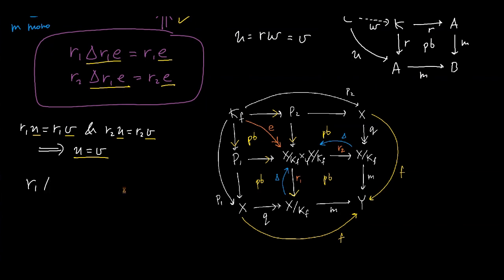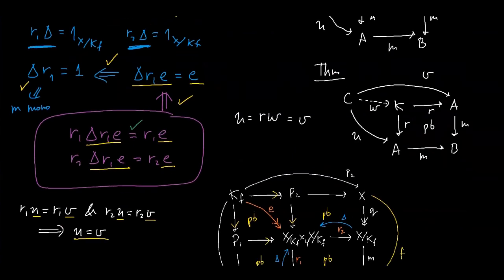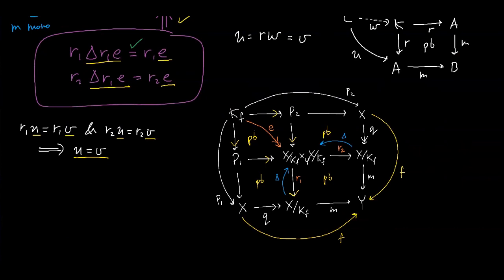I did it the long way. R1 delta is identity. We already said that there. So this is fine. This is an easy equality. Now the other one. With R1, we don't have delta R1 as identity here. No, we won't. We're proving that. Yeah. Now let's look at the other one.